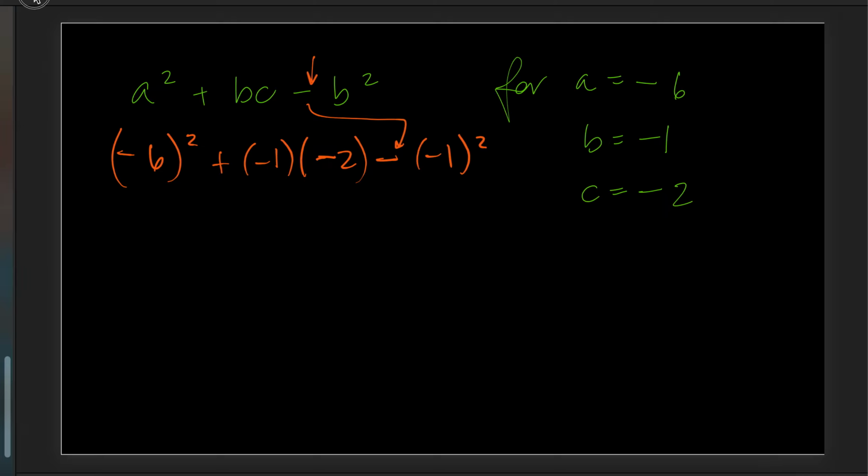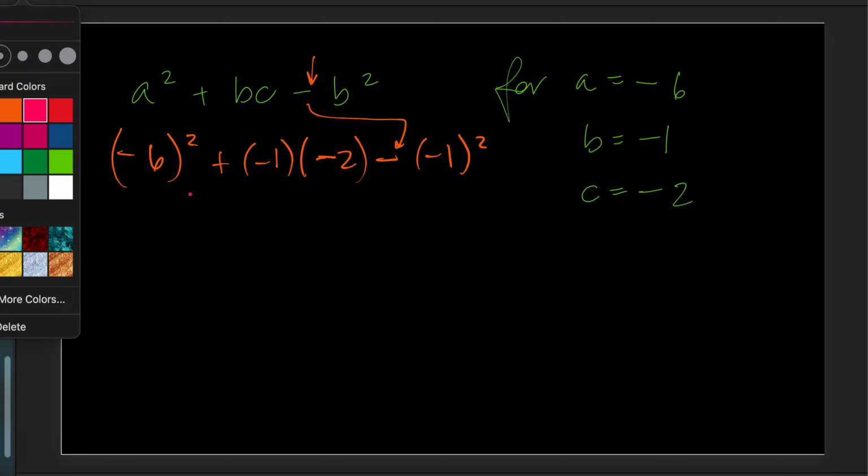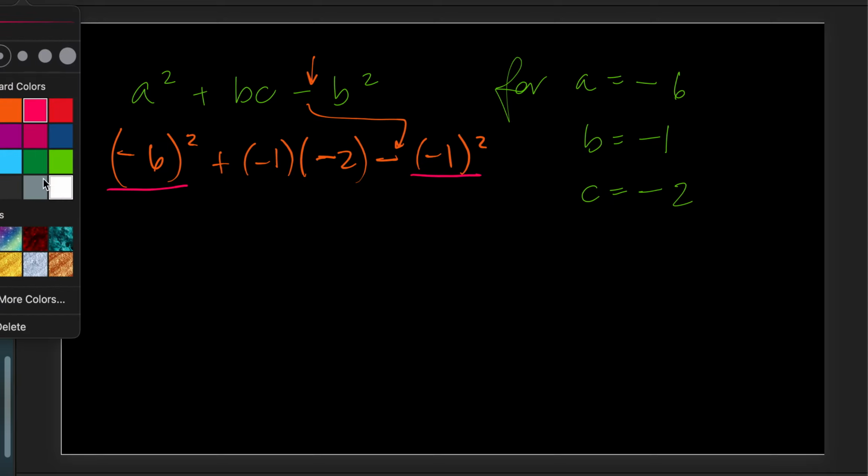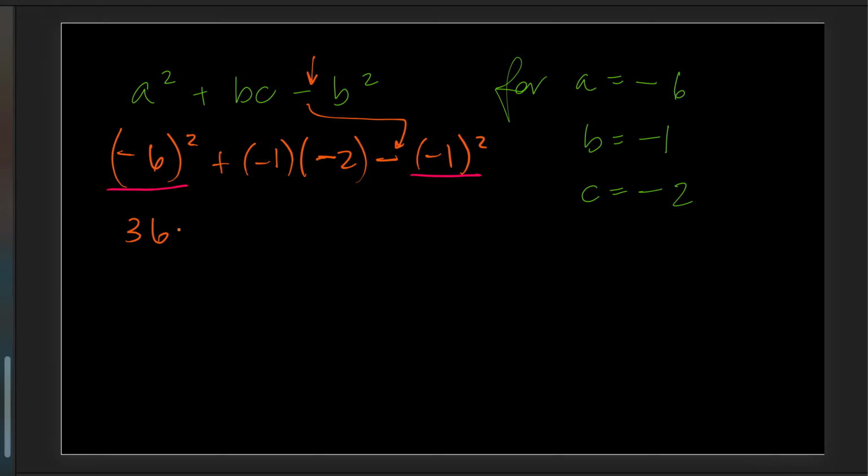Now I take a look at what I got to do first. There's no parentheses, this is just multiplication, so we got to do exponents first, which means to evaluate them. So -6 squared is 36, plus this stuff here, which I'll just carry down, and -1 squared is 1.